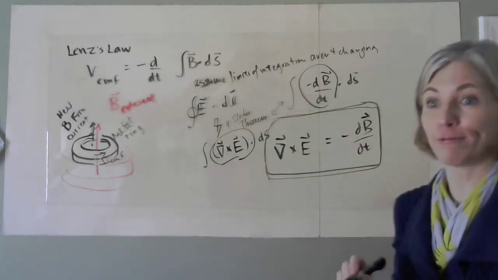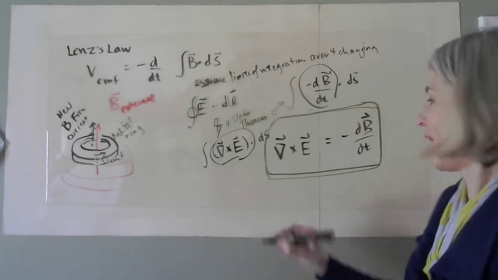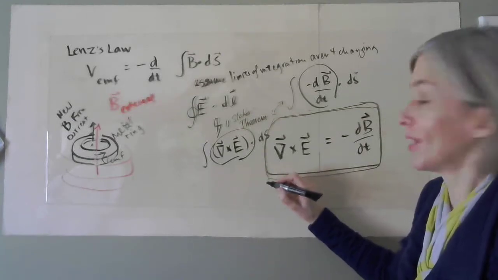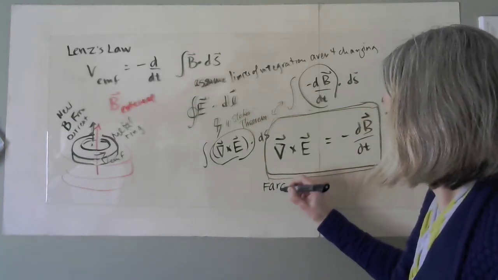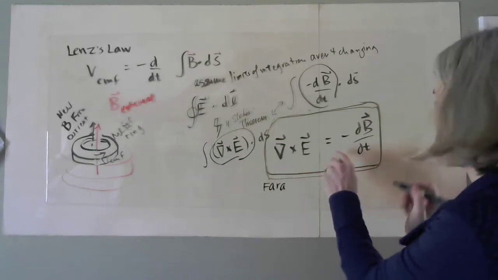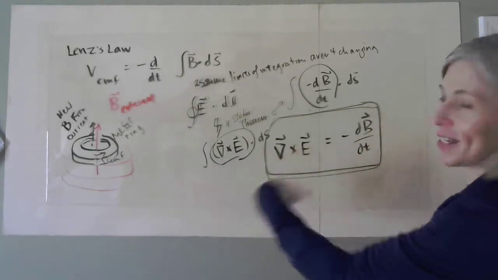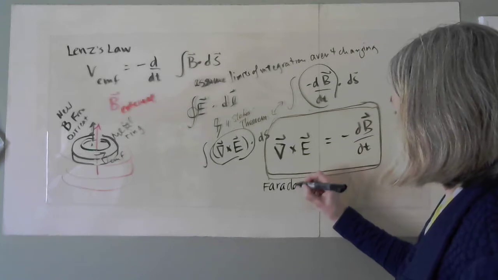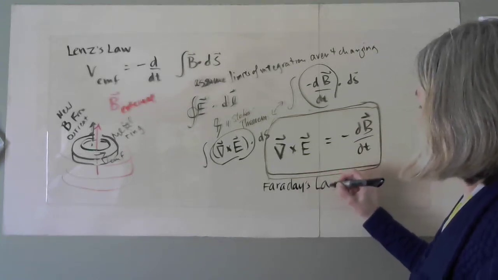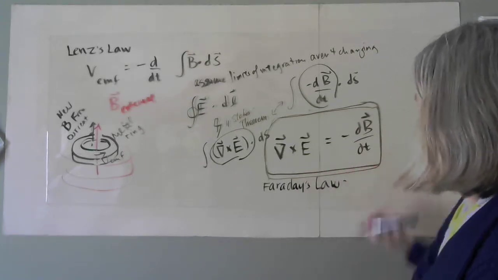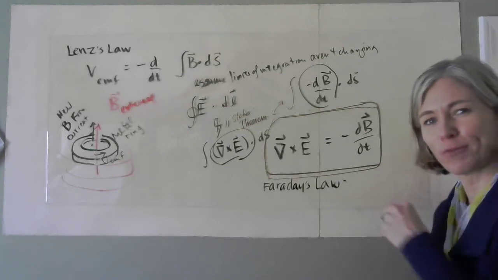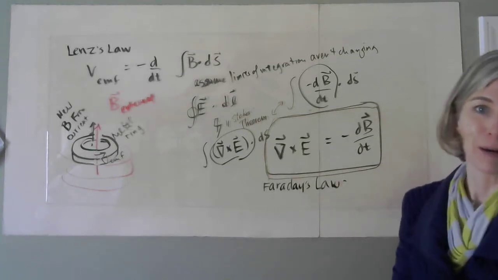What used to be Faraday's law in electrostatics gained another part. It used to be 0 right here. E dot dl used to be 0. No longer electrostatic. So the whole goal of chapter 9 is to make time-varying things happen.